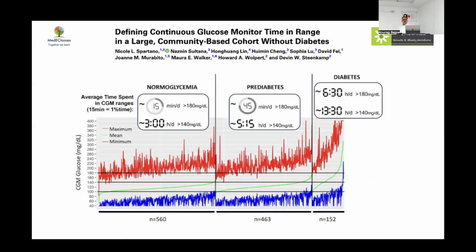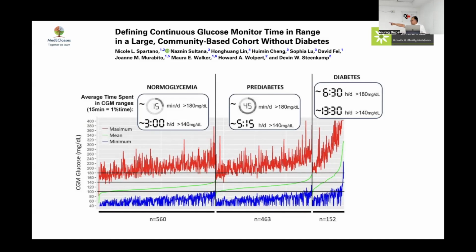A very interesting study which could be relevant from a clinical perspective is what really is a normal CGM analysis. We all talk about time in range, 70 to 180, we talk about 70% and other parameters, but what do normal people have in terms of glycemic profile? And this is the variability in which they did a study in over 1,000 children, 1,000 individuals, not really children. 560 were normal, 463 were pre-diabetic, and 152 were diabetic.